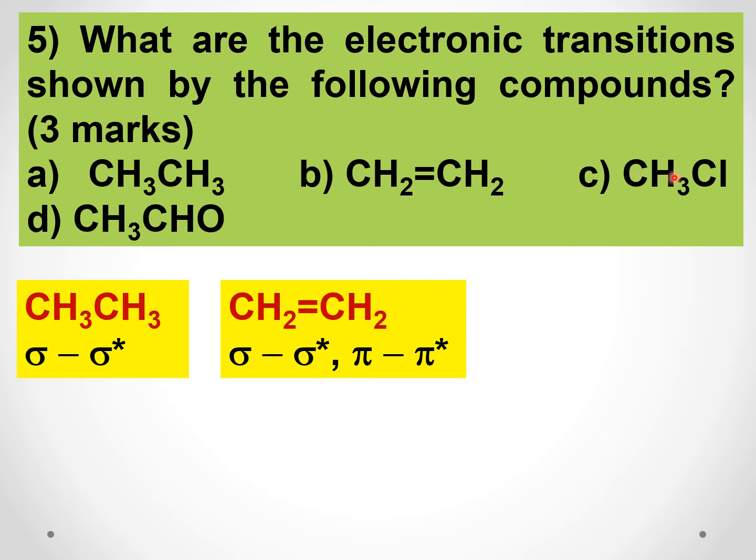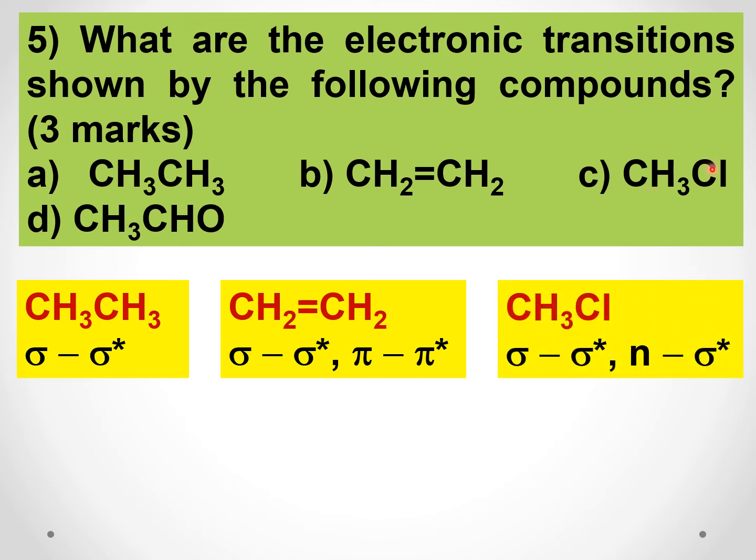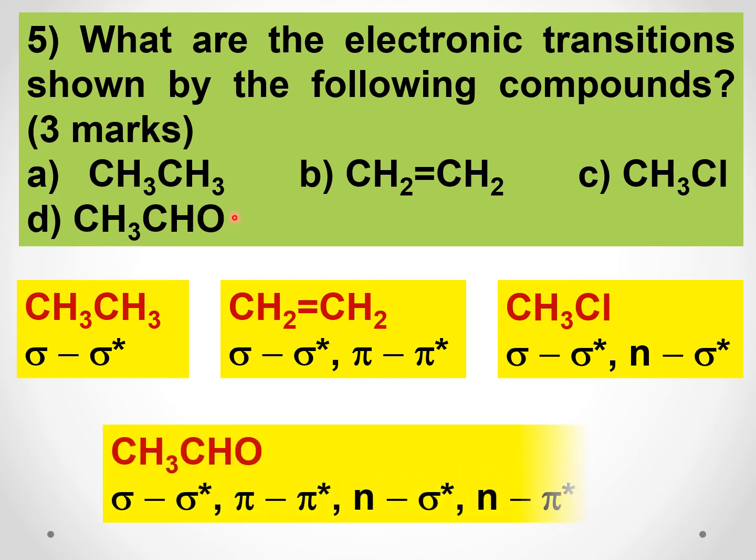This compound CH3Cl has a sigma bond and a heteroatom. Since a sigma bond is there, it will show sigma to sigma star transition. Since a heteroatom is there, it will show N to sigma star transition. What about the last compound, CH3CHO? It shows all transitions. Sigma bonds are there, so sigma to sigma star transition.